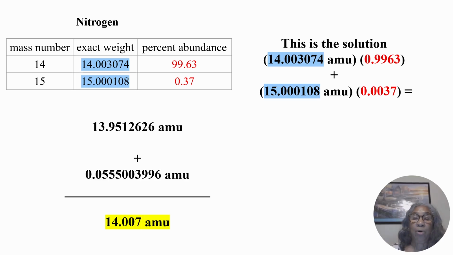You have to always remember, use the percent of abundance. It's easy just to convert that to a fraction, multiply by the atomic mass unit of the corresponding isotope, then you just add them up. You don't have to divide by 2. And that is the end of the discussion for today.